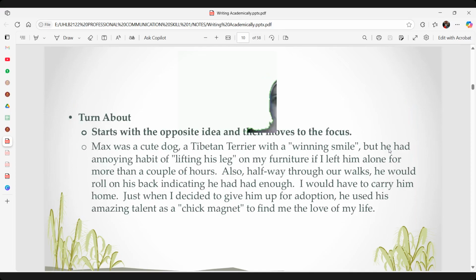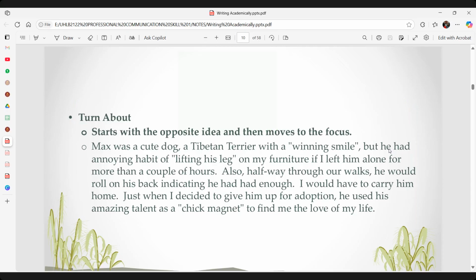Okay, now imagine turnabout is like you are making a U-turn. So turnabout is another way for you to somehow confuse your reader, but then again, not confuse, sorry, that's not the right word. Turnabout is all about you are trying to prank your reader. But then you direct them back to what you are trying to say. So that is a U-turn, right?